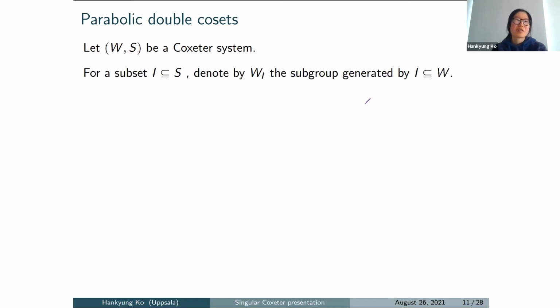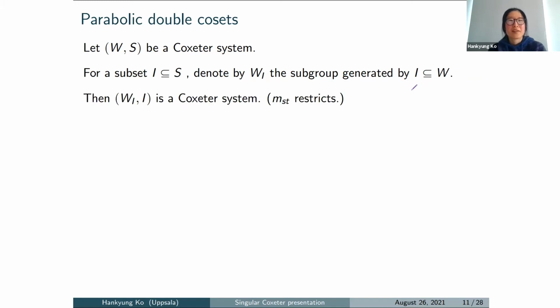You take a subset I in the generating set S, and you consider the subgroup of W generated by this subset I. Then this W_I is again a Coxeter group generated by this set I. And this is very easy. You have the same m_st and same braid relation, same reflection relation, everything restricted.